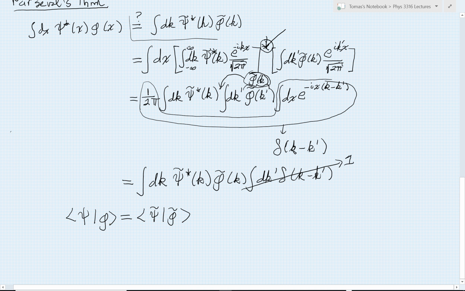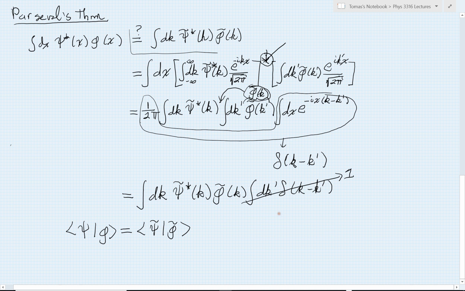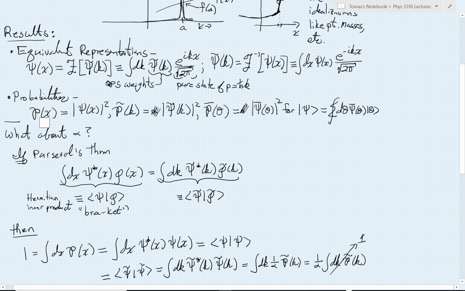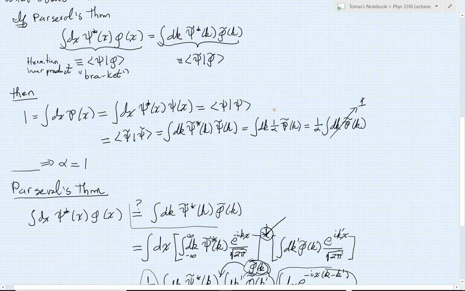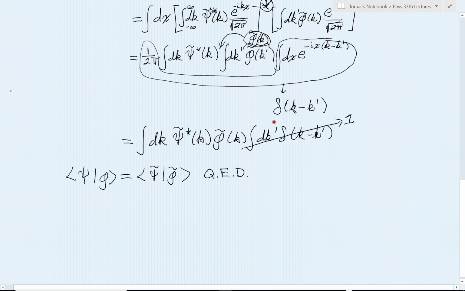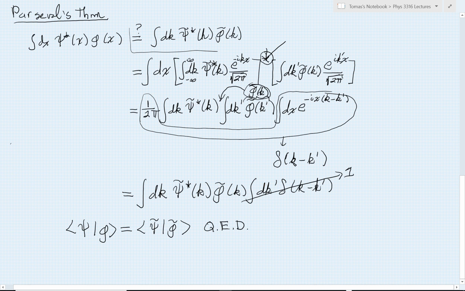Either way you want to look at it, as integrals or as inner products, we have now proved Parseval's theorem, which is what we needed to prove, so that now we have perfect normalization factors. We can forget about proportionalities now. We know exactly how to calculate probabilities in x and in k, and also in general, perhaps, for other observables, and that will be very useful for us in many further possible formal manipulations.